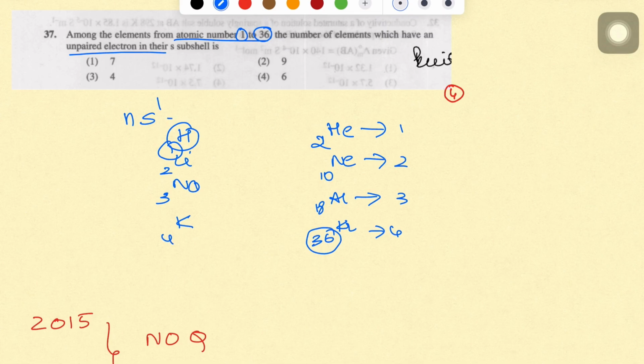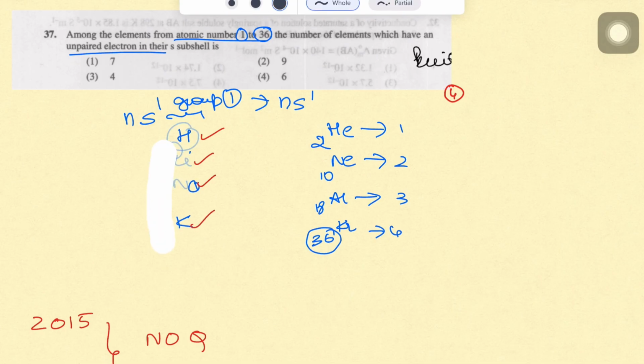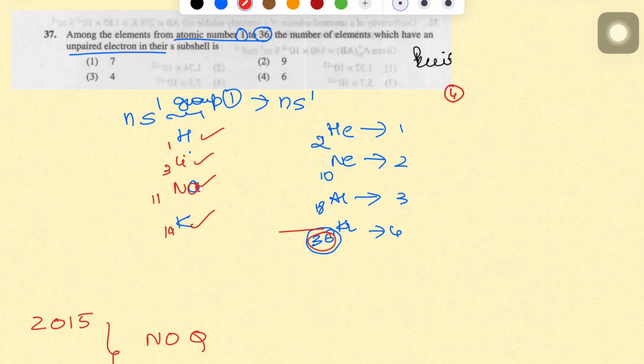These all are group 1 elements and they have configuration ns1. So we have 4 elements: hydrogen, lithium, sodium and potassium. Hydrogen has atomic number 1, then 3, 11, potassium has 19, and then we have krypton 36, where it ends.